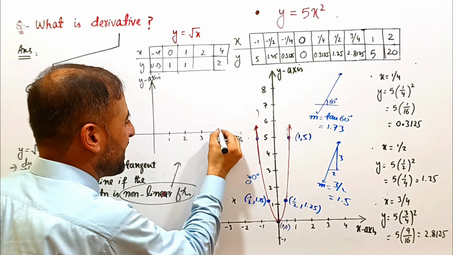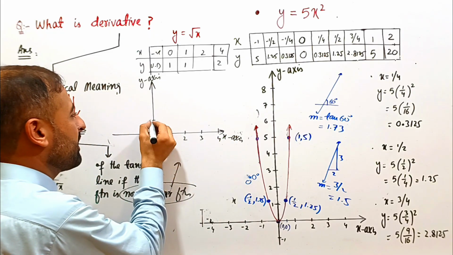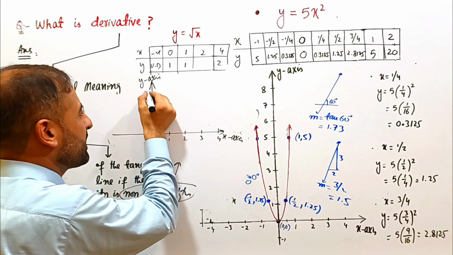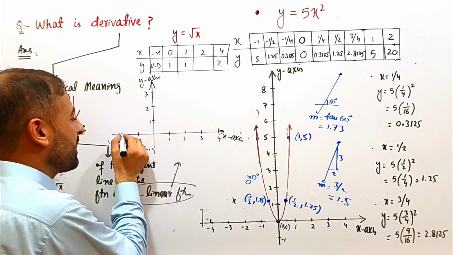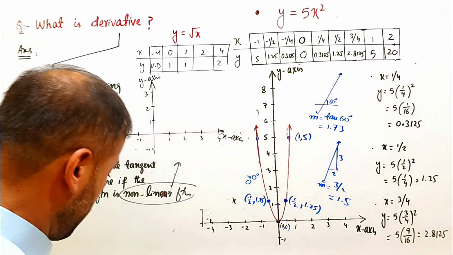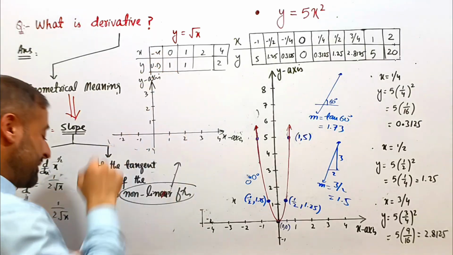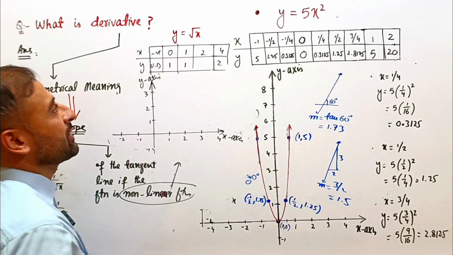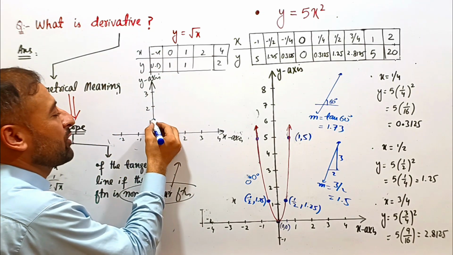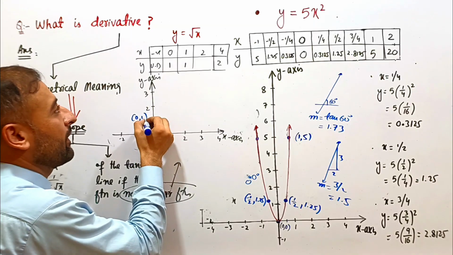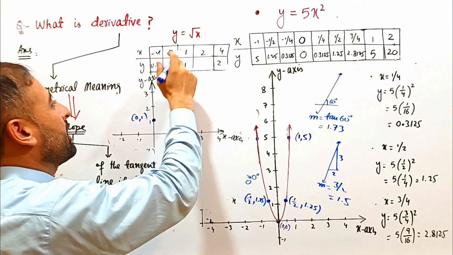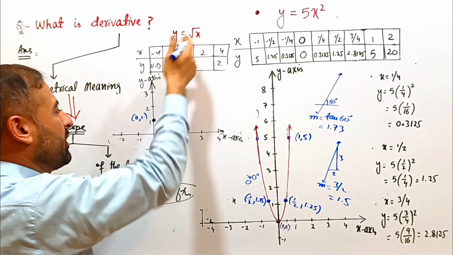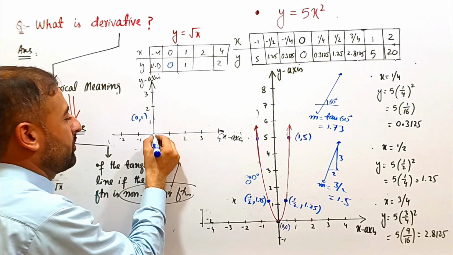Hopefully these divisions are of equal length. 1, 2, 3 and so on, minus 1, minus 2 and so on. Of course there will be a slight error. 0 comma 0, really sorry my sweet students, 0 comma 0.